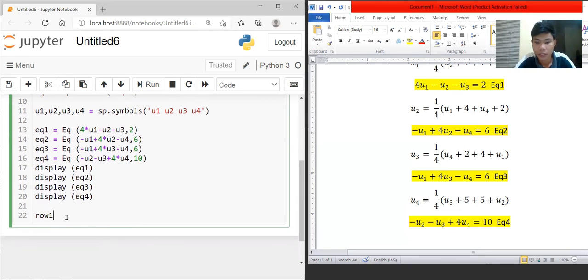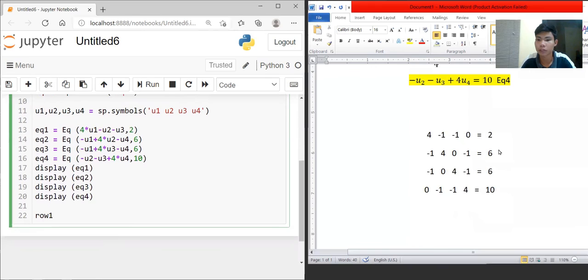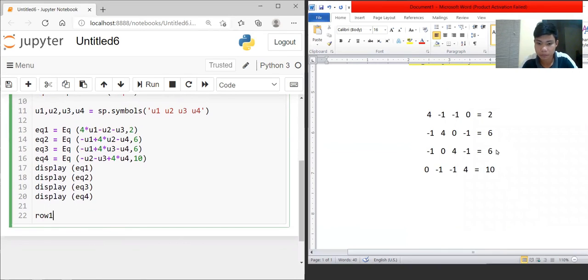So next, i-input na natin yung ating matrix, which is ito na. So, let's say row 1. Magiging row 1 natin is 4, negative 1, negative 1, 0, 2.